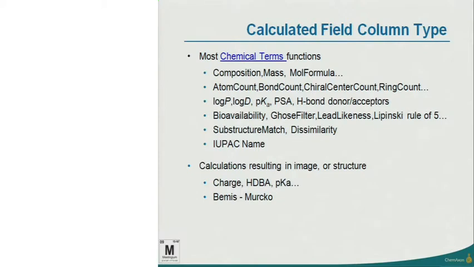So for example, if you have a structure in one list column, you will be able to display calculated structure predictions in other list columns, as for example in Instant JChem or JChem for Excel. And maybe also not simply string or number-based results, rather you will be able to display an image or structure, for example, displaying the charges corresponding to a structure.